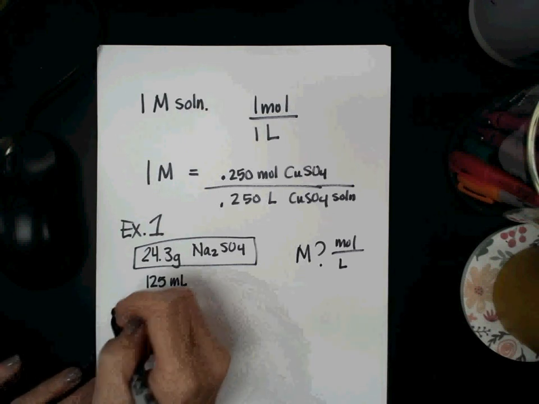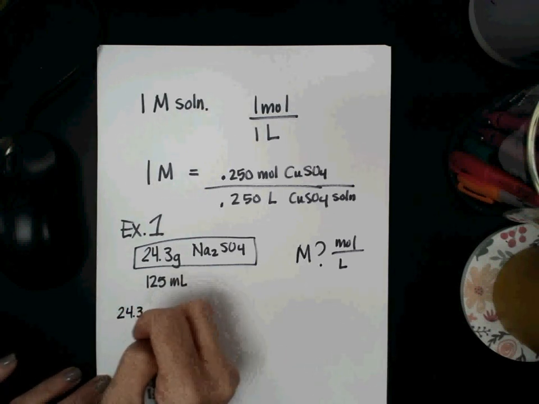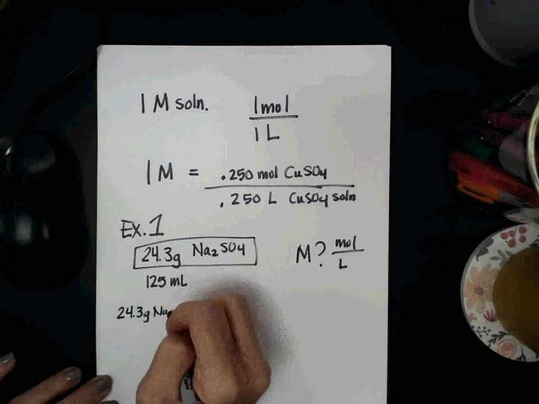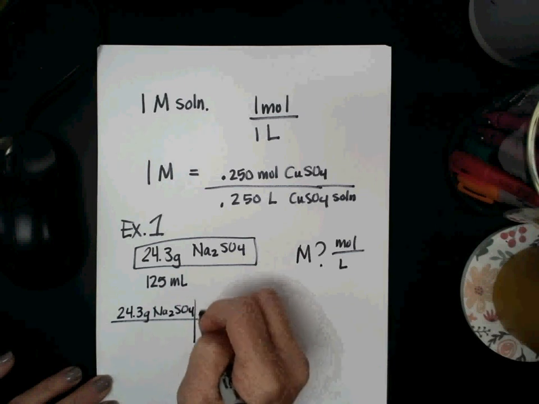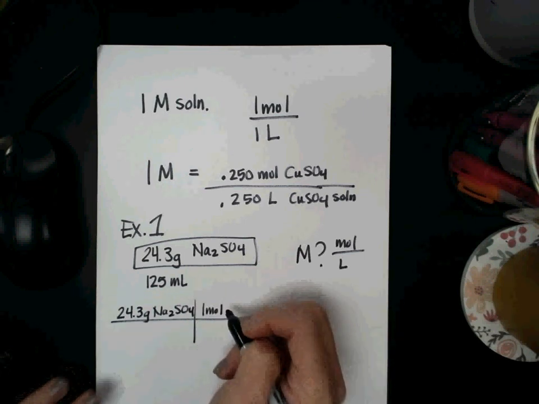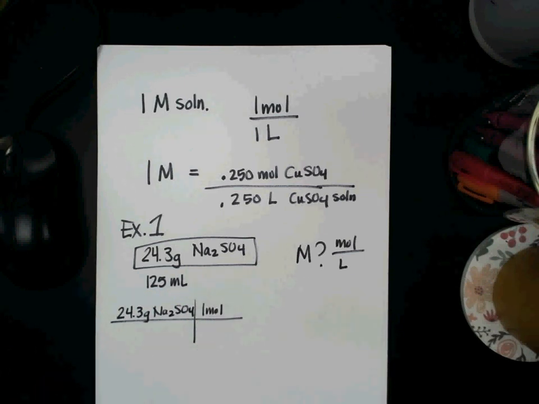I have 24.3 grams Na2SO4 and I want to get to moles. So figure out the molar mass of sodium sulfate for me real quick. I've got to find a calculator, and we'll check it.